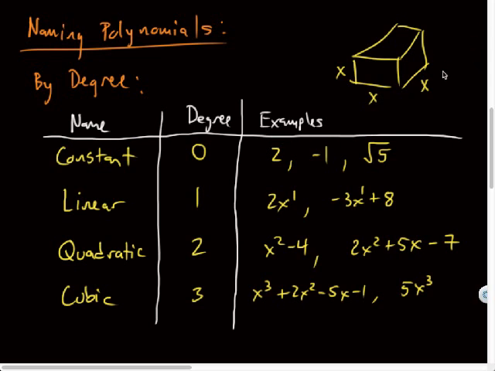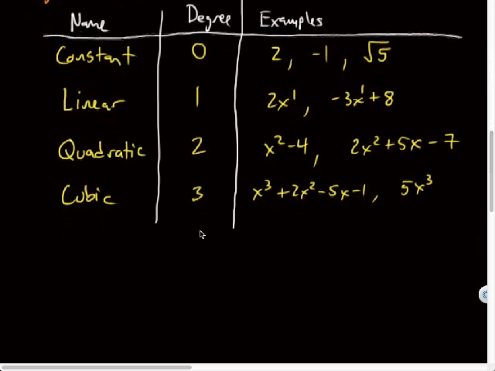So that's literally referring to the volume of a three-dimensional solid. That's why they call them cubic. Let's see. We'll go a little further. Fourth degree, something like x to the fourth minus 2x, or just 6x to the fourth.